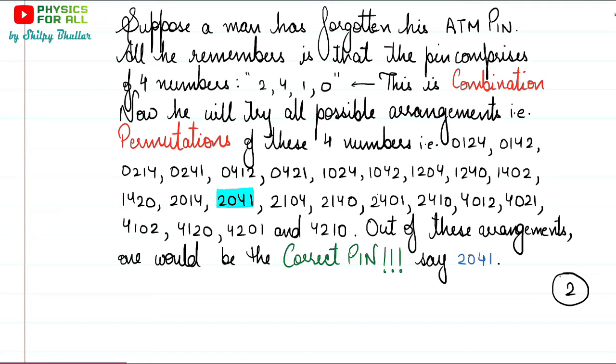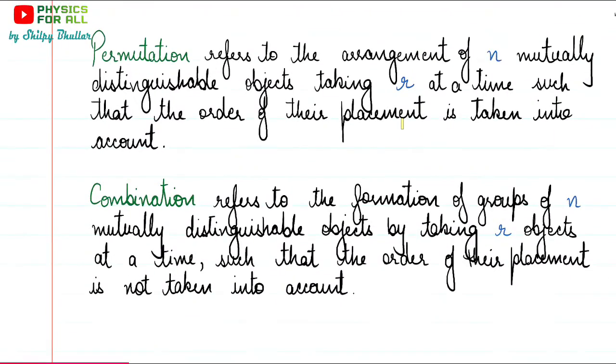Now let's discuss what formula we actually use for permutation and combination. First, let's have a look at the definition of both these terms. Permutation refers to the arrangement, okay, of n mutually distinguishable objects. Now, what is the meaning of mutually distinguishable? Distinguishable means differentiable.